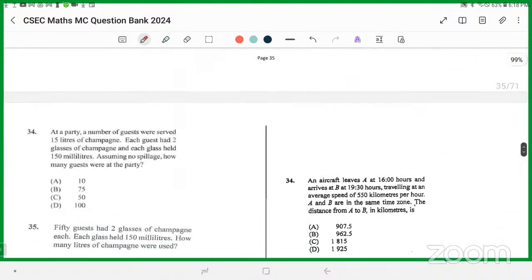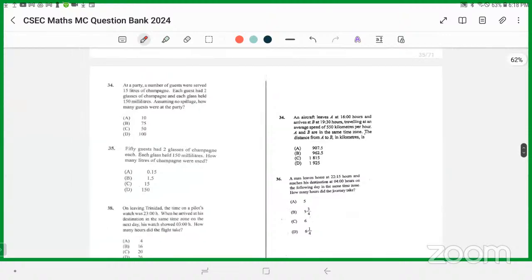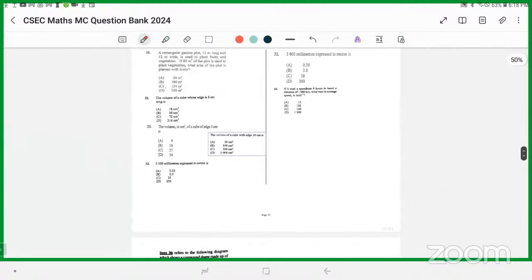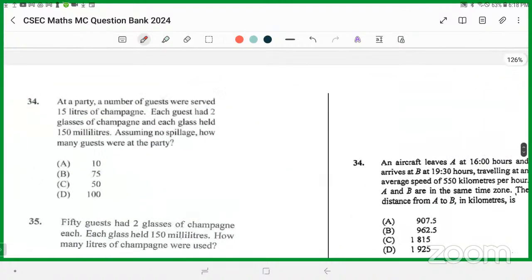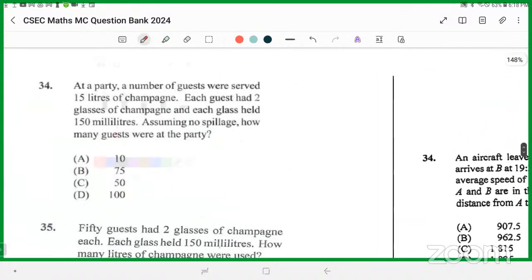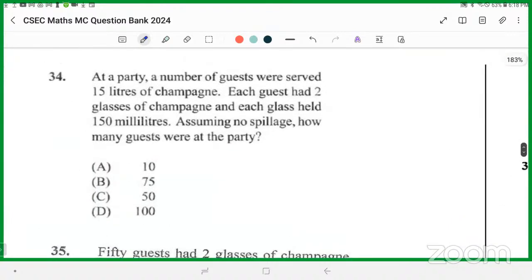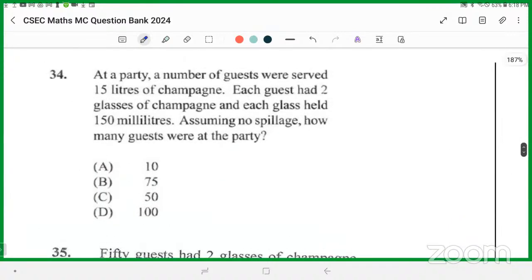Next question over here. So much for the page of measurements we have left. All right, two pages and a single question. This question is set multiple ways as well. It says at a party, a number of guests were served 15 liters of champagne.